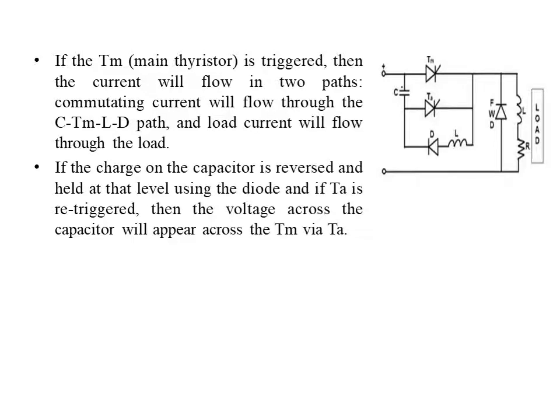If the charge on the capacitor is reversed and held at a level using the diode, and if the auxiliary thyristor, that is TA, is re-triggered, then the voltage across the capacitor will appear across the main thyristor via auxiliary thyristor TA. Thus, the main thyristor, that is Tm, will be turned off.